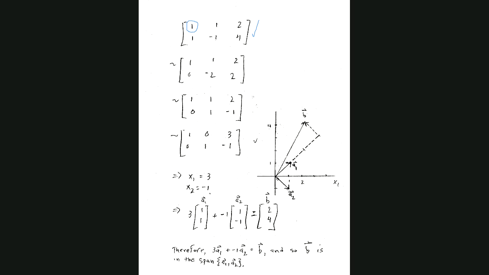So we're going to take -1 times row 1, add that to row 2. Okay, and then replace the second row with that result. And we get here.